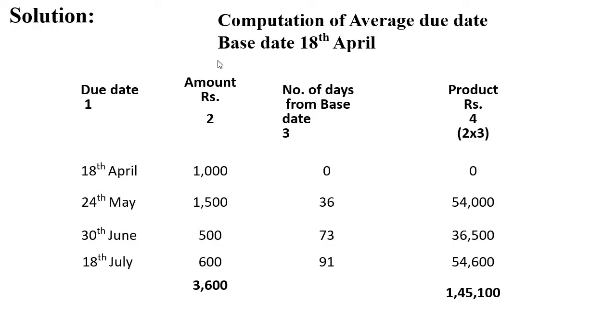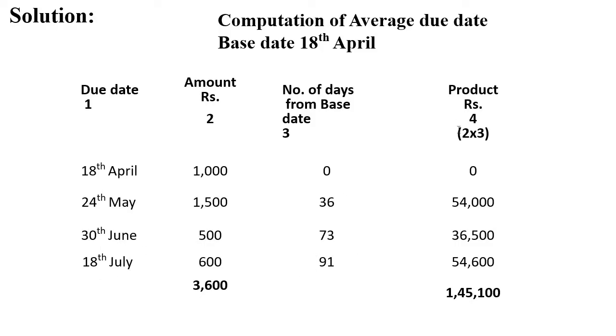So with the help of base date, we have found out the due dates and the number of days. For 18th April, the number of days is nil. For 24th May, it is 36. For 30th June, it is 73. For 18th July, it is 91.